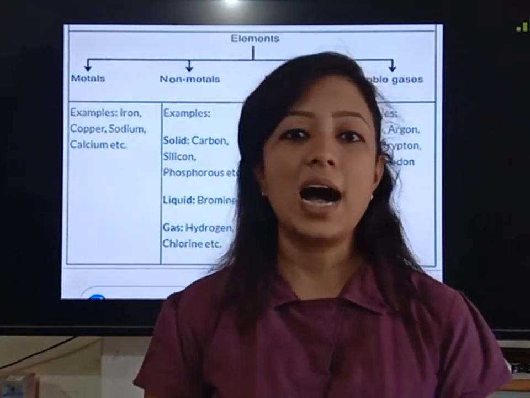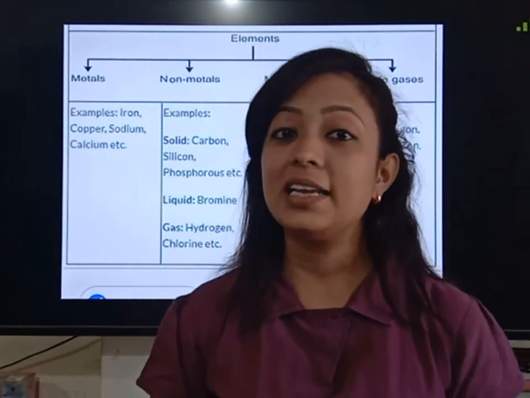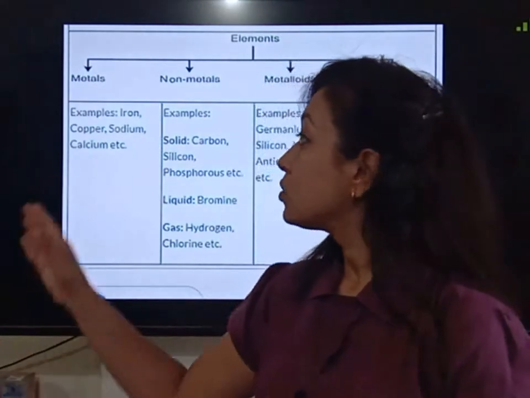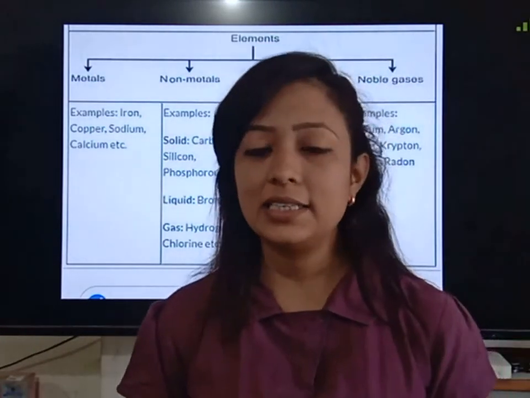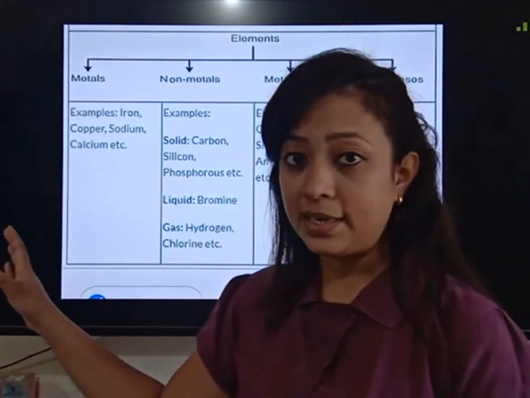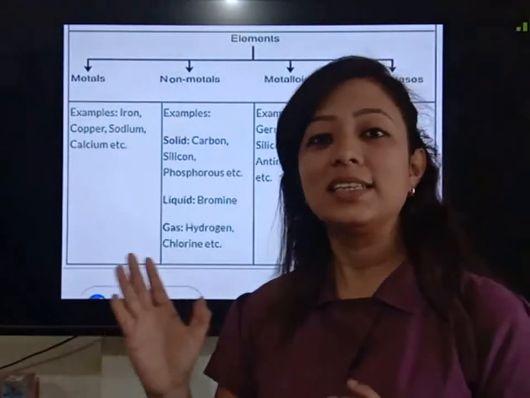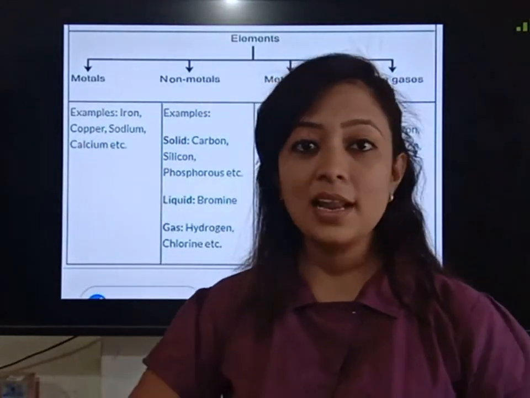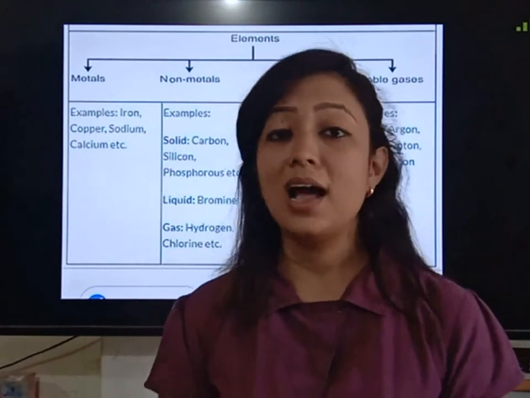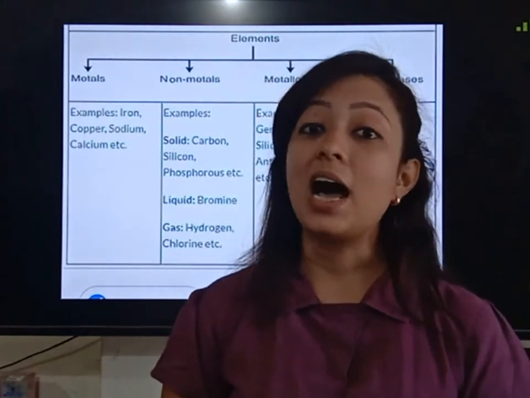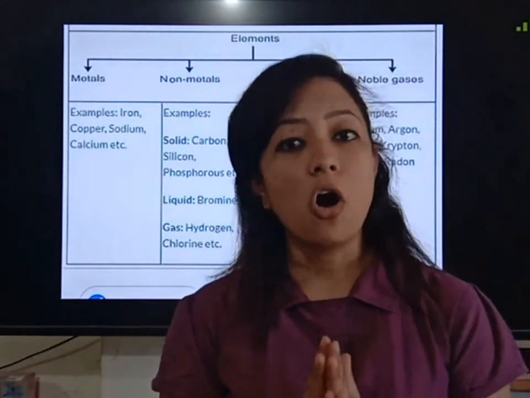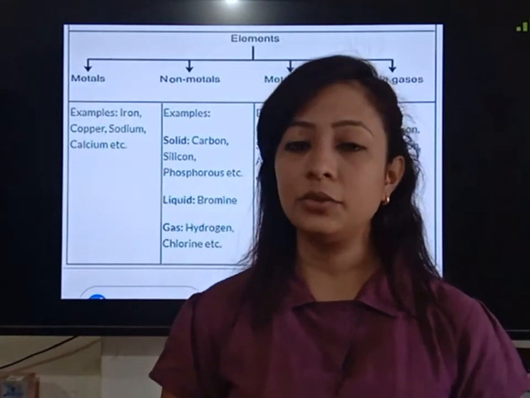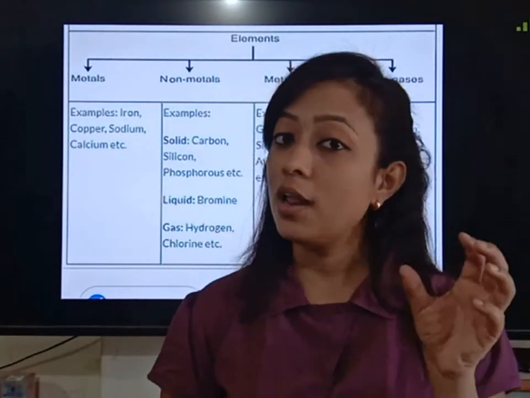So gold is highly malleable and highly ductile. Malleability and ductility are properties of metals, while non-metals are non-malleable and non-ductile. Rather, non-metals are brittle, means on heating they can be broken down into small pieces.